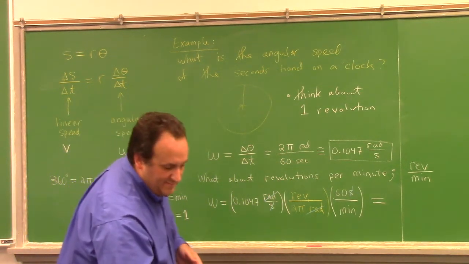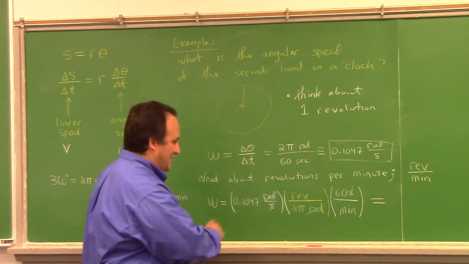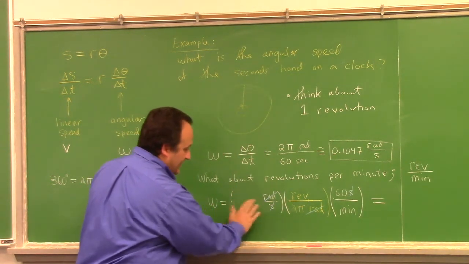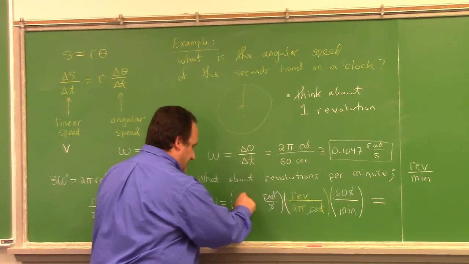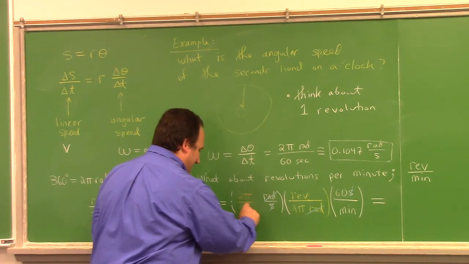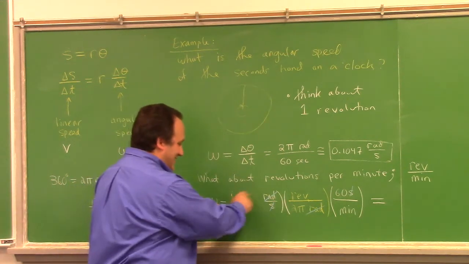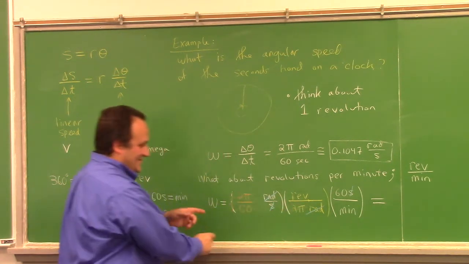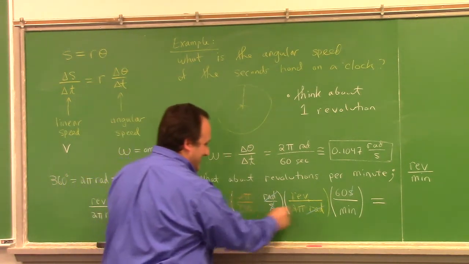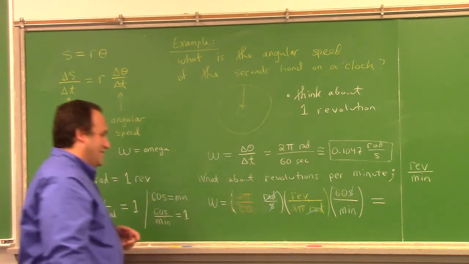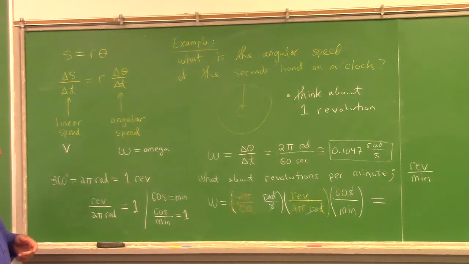Let me sort of undo my numerics for a second here. This was what? 2 pi over 60, right? What happens? The 2 pi's cancel. The 60s cancel. And what do we get? 1. 1 revolution per minute.